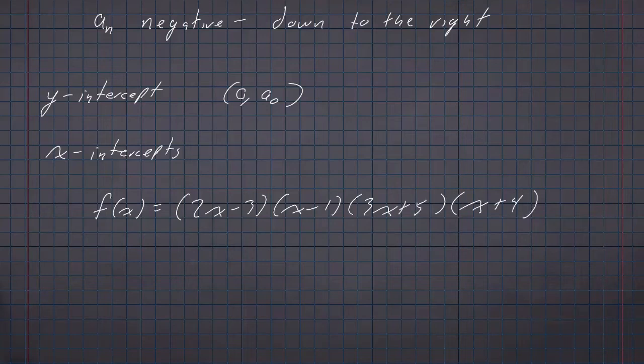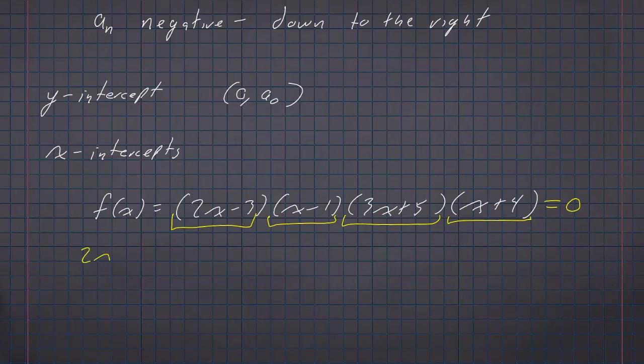I think that's what we used before. Well, to find the x-intercepts, take this thing, set it equal to 0. And then using the zero product rule, or the zero factor theorem, or however you've seen it named, the product of all of these things can be 0 if and only if at least one of them is itself 0.